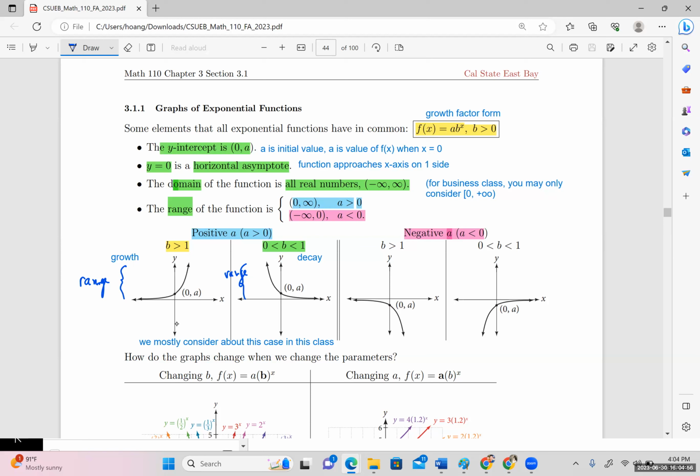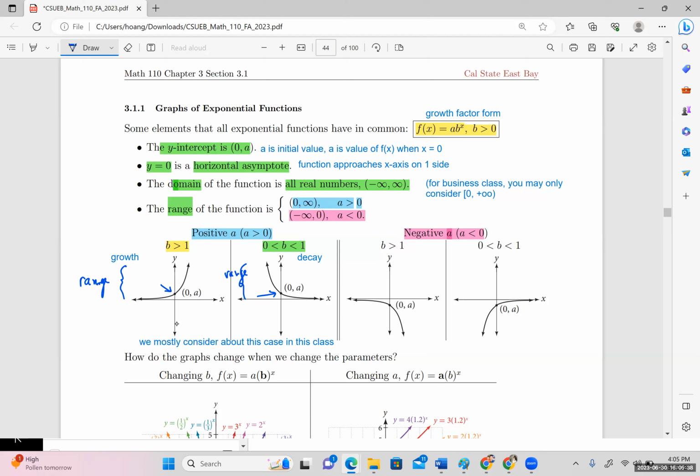And also we know that the initial amount must be greater than 0, and the initial amount is always going to be the y-intercept of the graph. So that is what we have for the case of positive a.